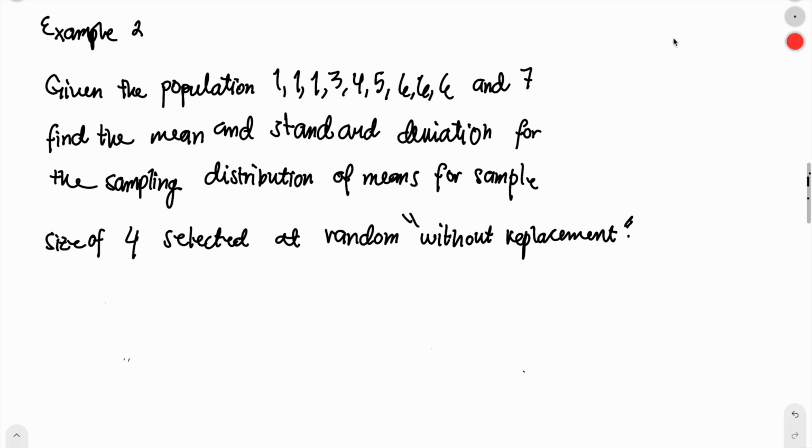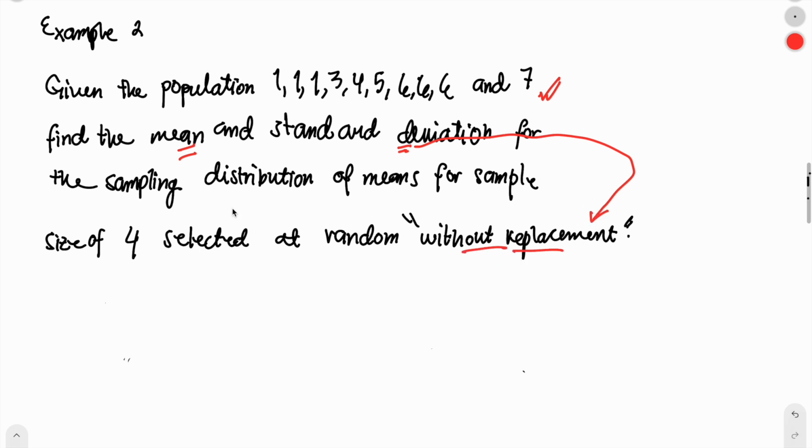If you can recall, same values so I don't have to redo the table, but the process is still the same. So you get the probability to get the mean. But for the standard deviation, it's a different story, because this is without replacement.